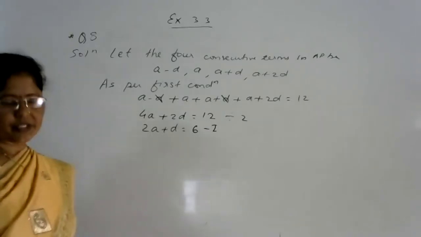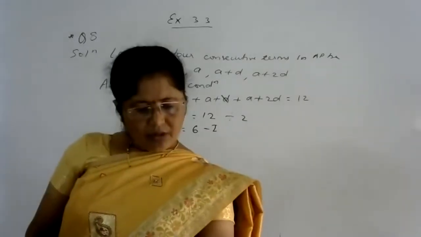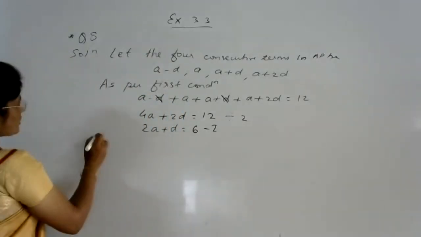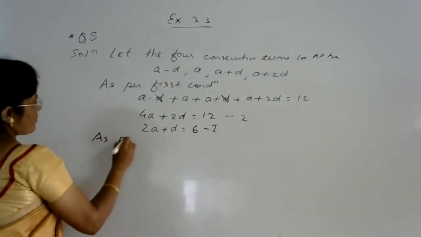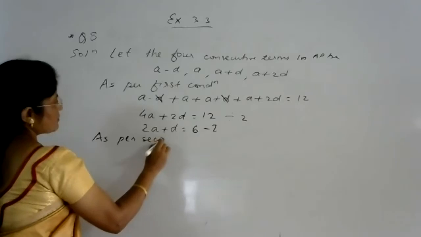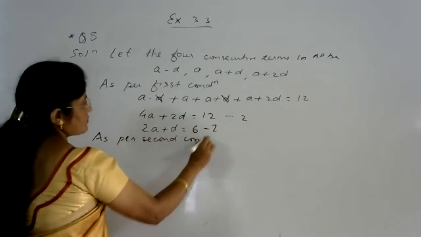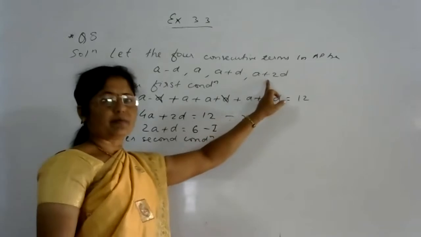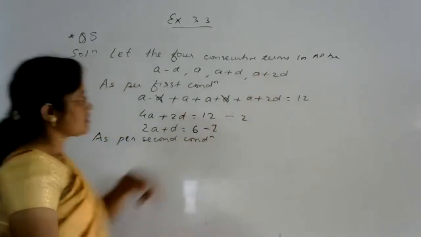Now see the second condition. Sum of third and fourth term is 14. As per the condition, sum of third and fourth term is 14.